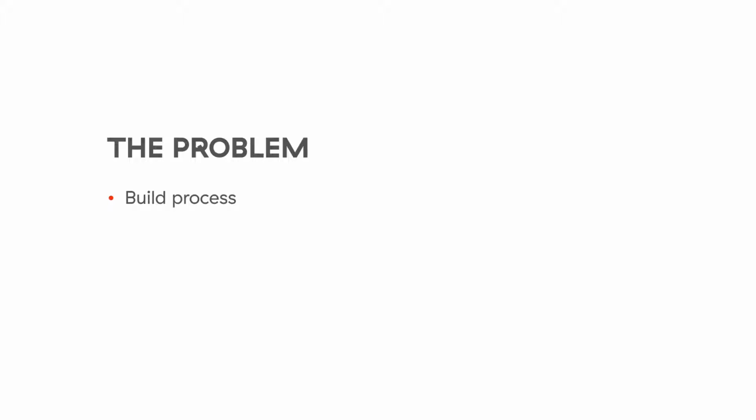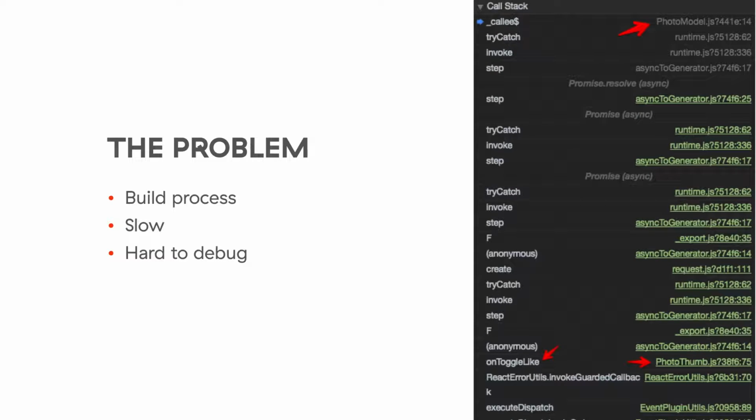So what's the problem with that? First off, we need a build process. We will use some task runner or something like that, but that's slow. Every time you change something, something in the background needs to process it. And it's hard to debug. Here's an example of a stack trace.